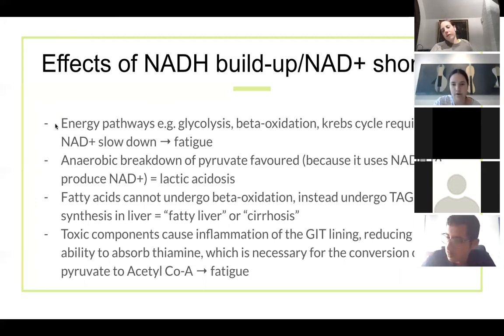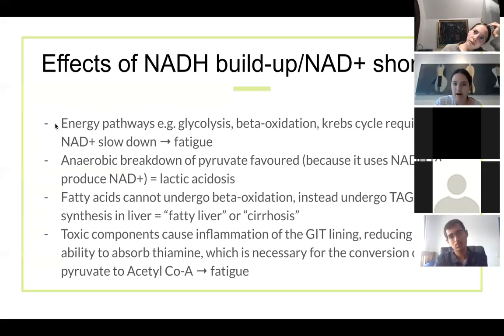There's a lot, but most things in metabolism go NAD plus to NADH, and so instead it all gets reversed or slowed down. For example, a lot of energy pathways like glycolysis, beta oxidation, and the Krebs cycle all require NAD plus, so they all slow down, causing fatigue because you have less ATP.